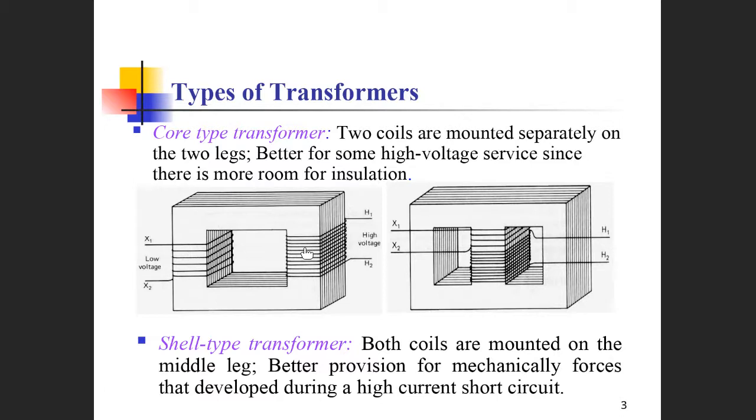This vibration, of course, will cause some damage to the machines, or derate the machine's performance. However, because of the big space between the primary and the secondary, this kind of machine is strong to high voltage.